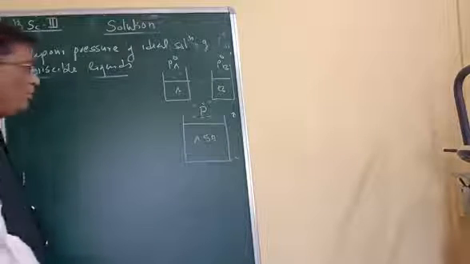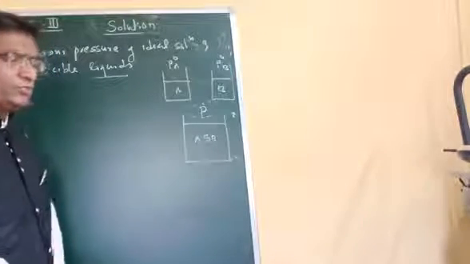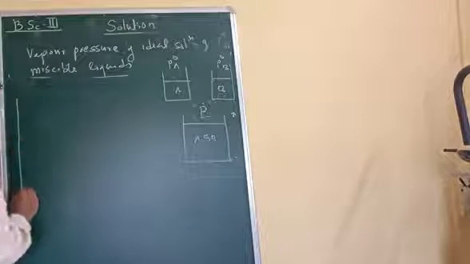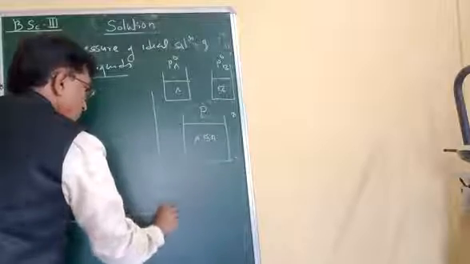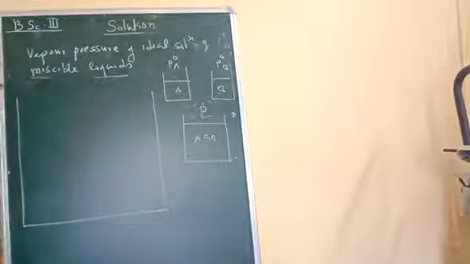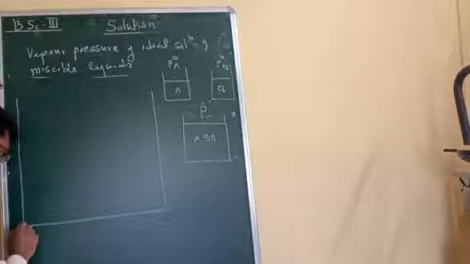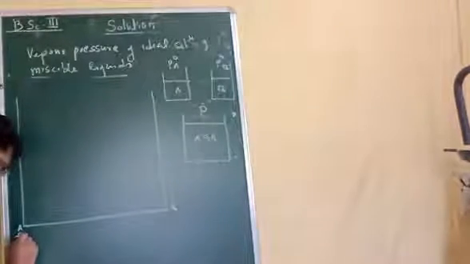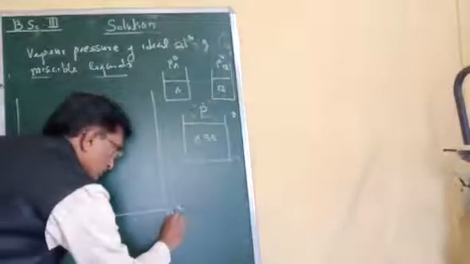Now if you want to draw the curve, vapor pressure versus composition, then you will get the vapor pressure composition diagram of ideal solutions of miscible liquids. Now consider here pure A and pure B. That means here the mole fraction of A is equal to 1 and here the mole fraction of A is equal to 0.